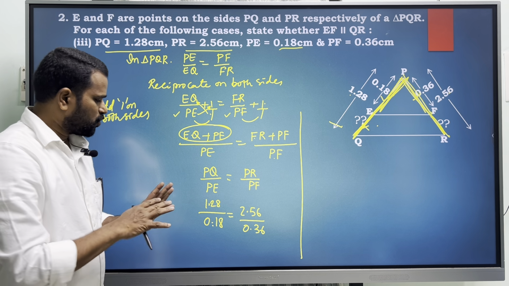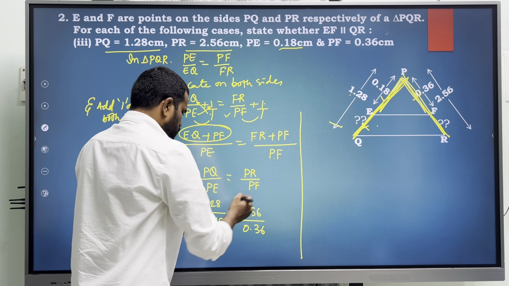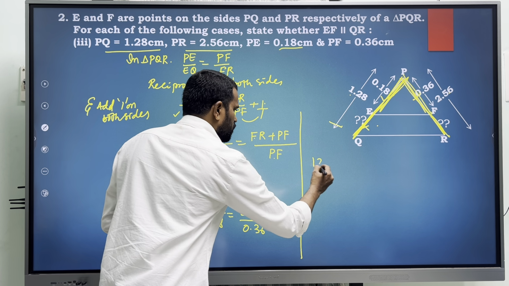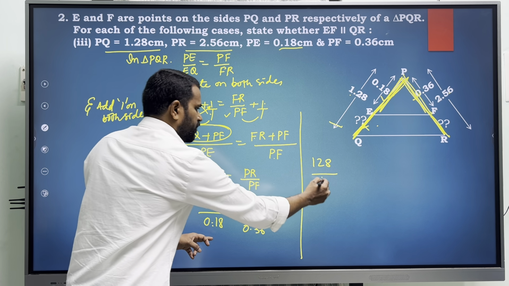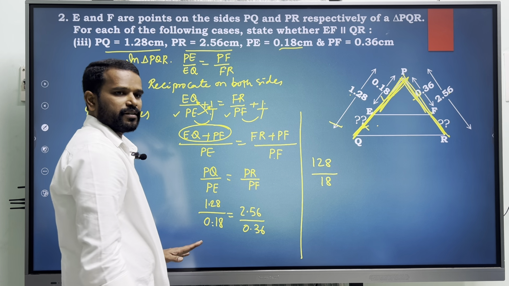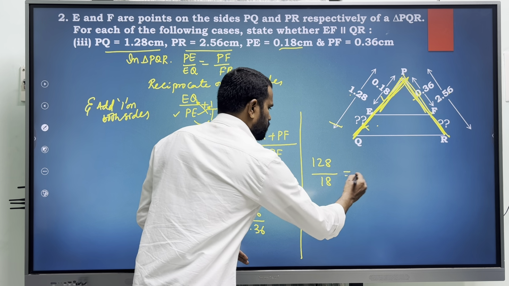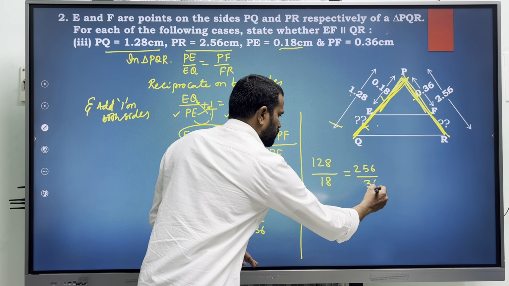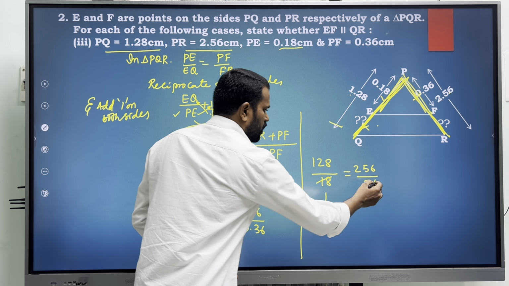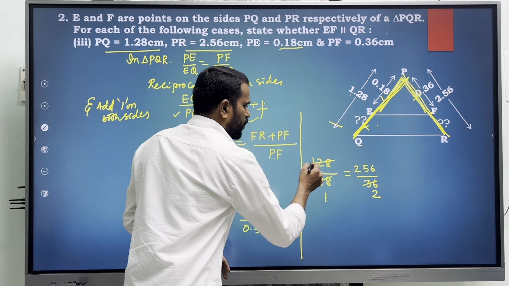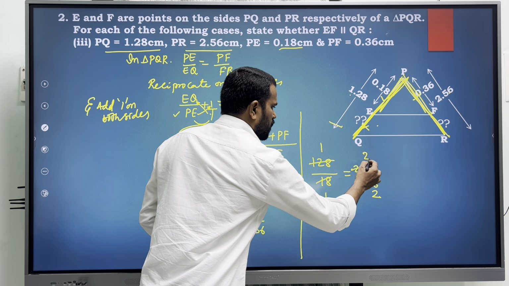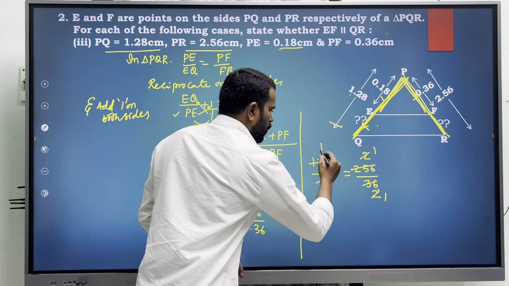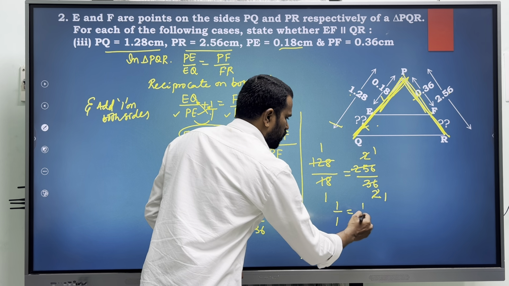Ultimately we get 128 by 18, we can just remove the decimal, and this becomes 256 by 36. See here, 18 ones are 18, 18 twos are 36, 128 ones are 128, 128 twos are 256. So both ratios are equal.